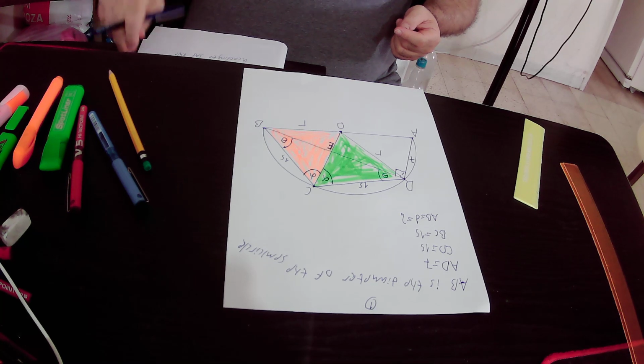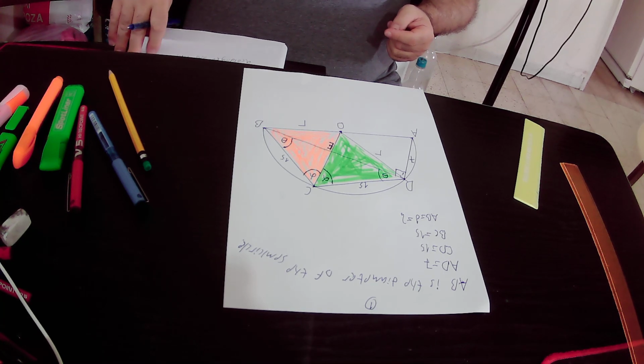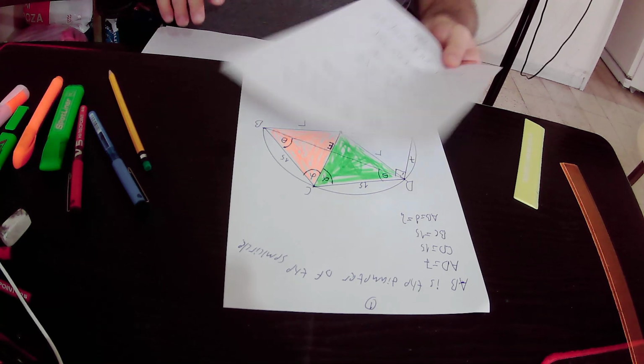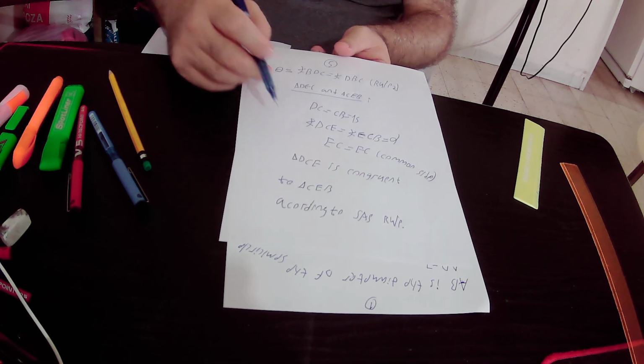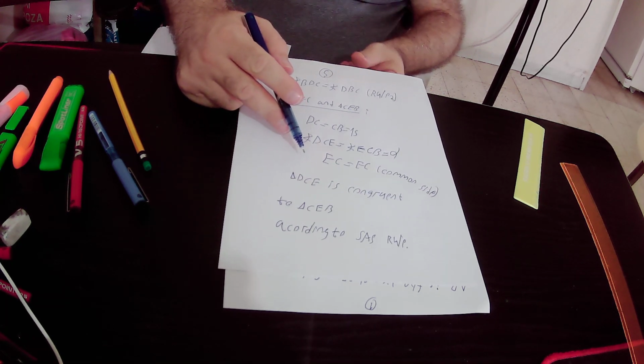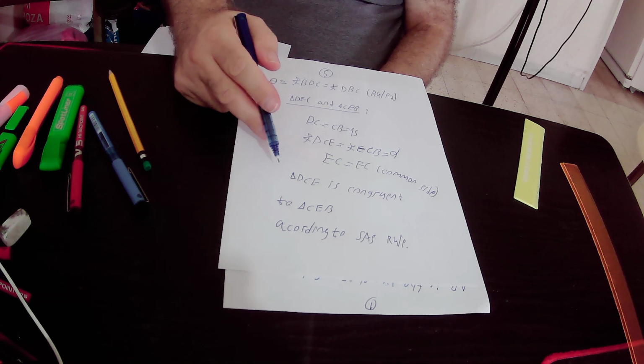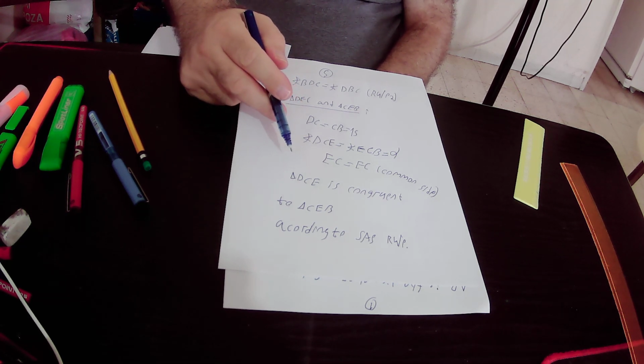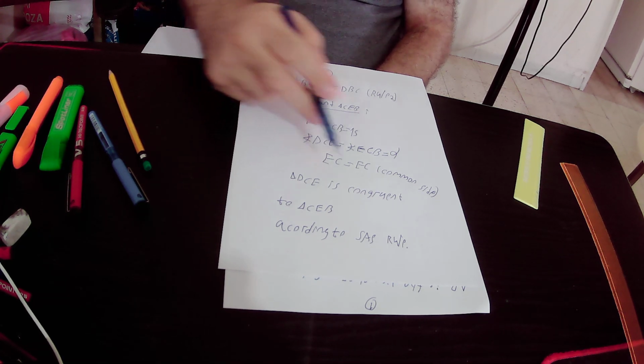Okay, again, the green triangle, triangle DCE, is congruent to the orange triangle, triangle CEB, according to the side angle side rule.